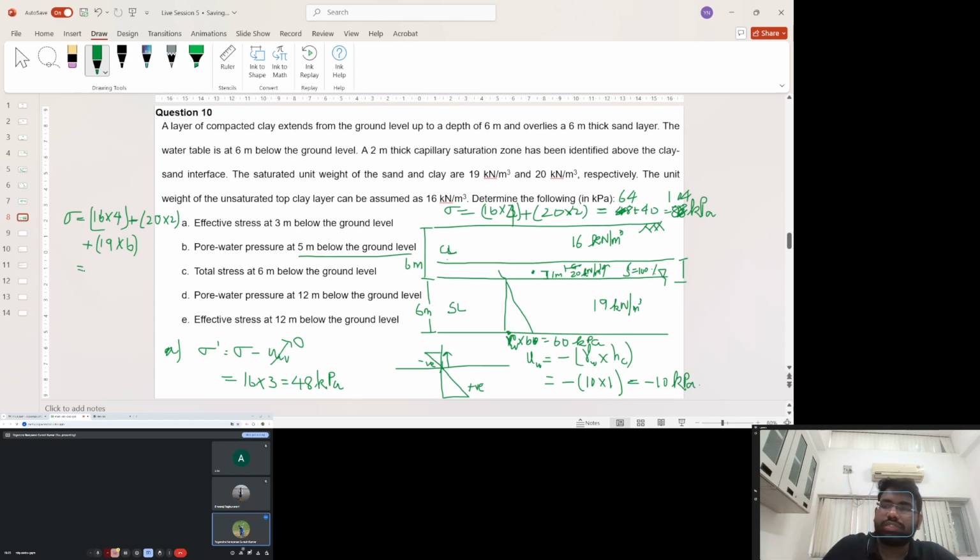So how much is the total stress? Two and eight. Yeah, it is 218, and pore water pressure at that depth is 60.